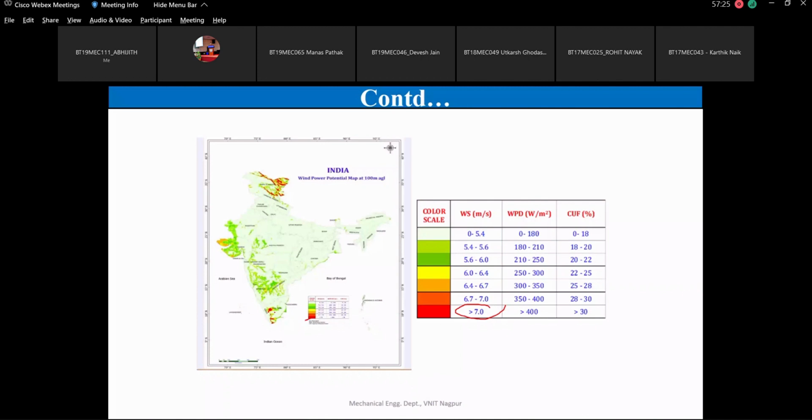And in Gujarat and in Ladakh, the Kashmir zone, the wind speeds are higher. Season wise, you can check it also. This way, you can check the different wind speeds for different locations.